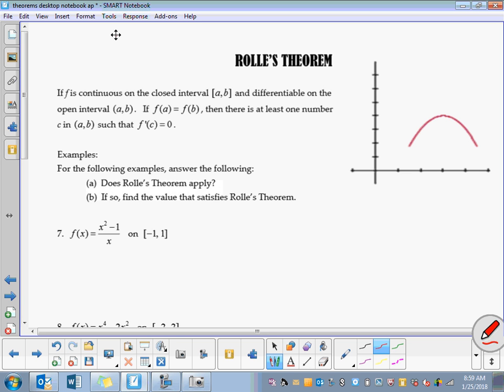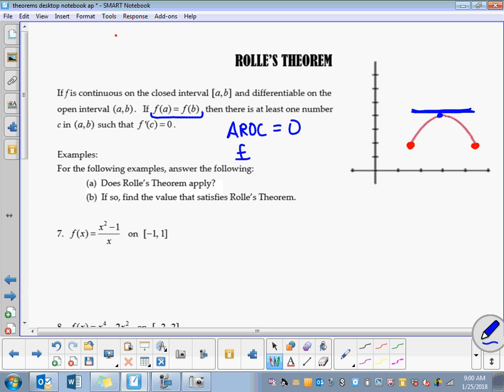I'm going to continue now talking about Rolles' theorem, because Rolles' theorem is just a special version of the mean value theorem. The only thing that Rolles' theorem is about is, since it's talking about the time when your 2 points A and B have the same y value, that your average rate of change comes out to be 0.